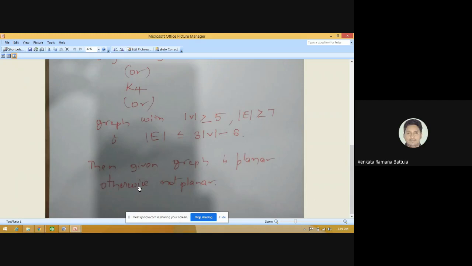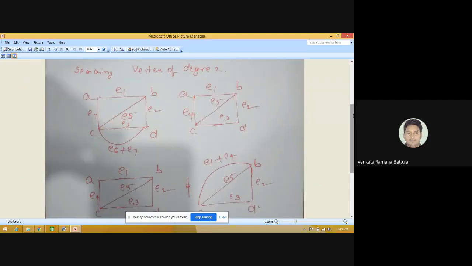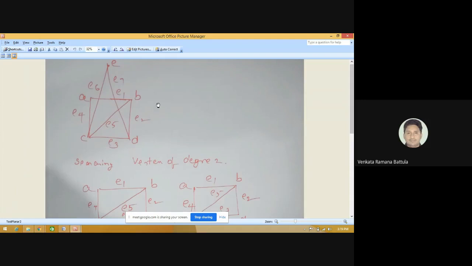Otherwise, not planar. Let me understand this by an example. Now, this is the graph. We need to determine whether this graph is planar or not.